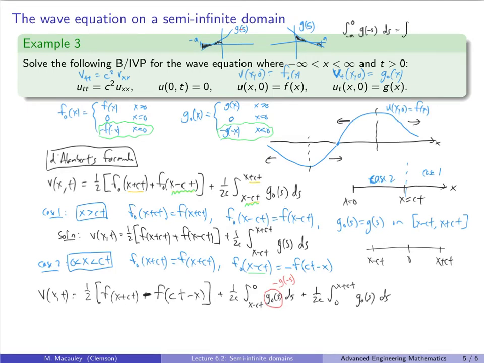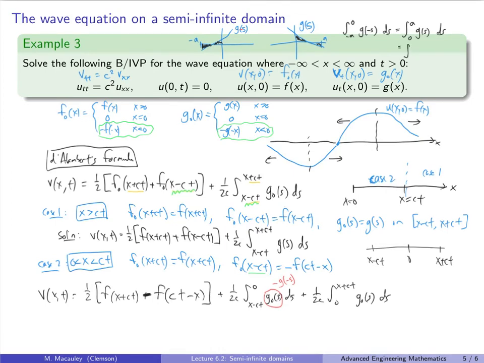So we're integrating now from 0 to positive a of g of s ds. However, I would still like to combine this into one integral, where we're going from the negative number to the positive number. So one thing I'm going to do, I don't need to, but I'm going to rewrite this.